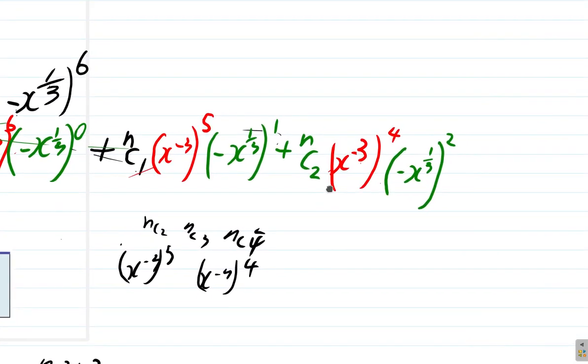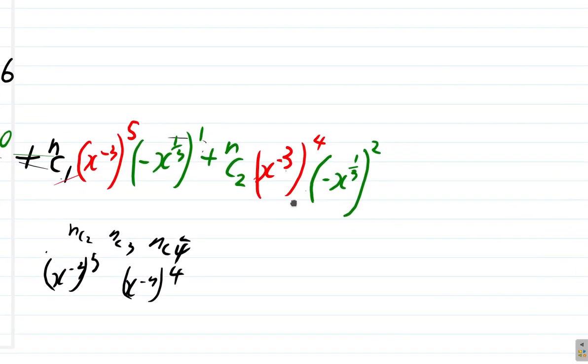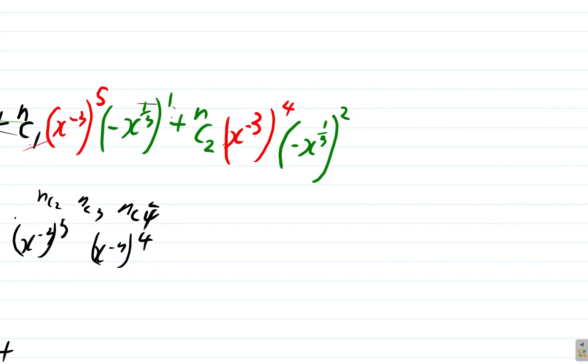Alright? Now, from NC2, you go to NC3. Right? And next one will be NC4, then NC5, and so on. Here, the x part, it was x to the negative 3 to the power of 4.